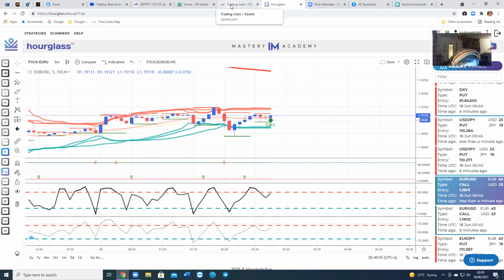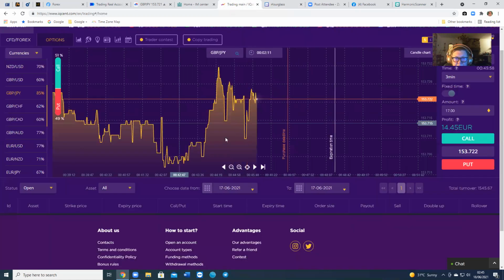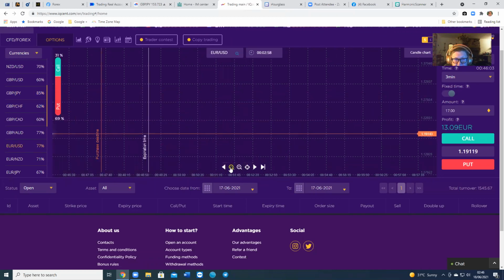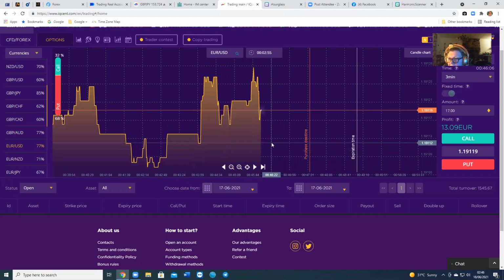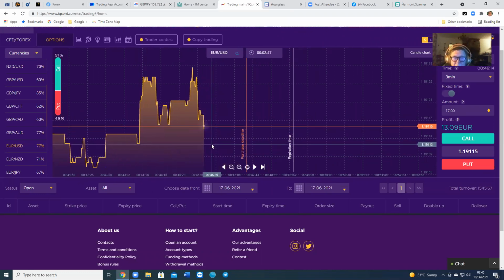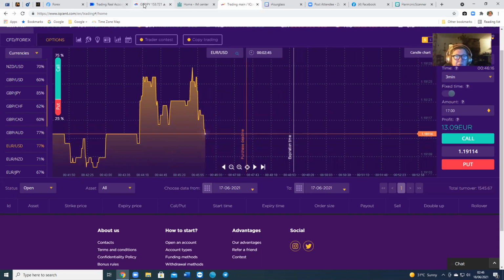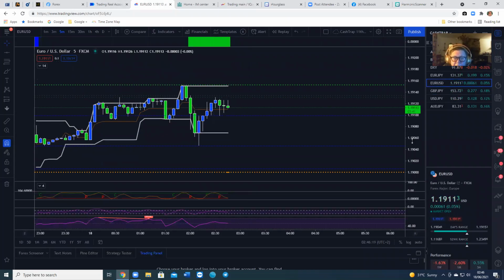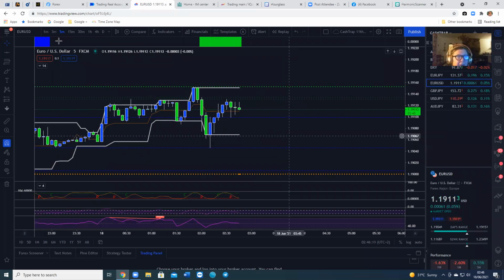Euro USD, that only came back to 711. 77%. 119. There's our 111.109 level, so it's already moved away. If it comes back down, that's a bit wicky there.